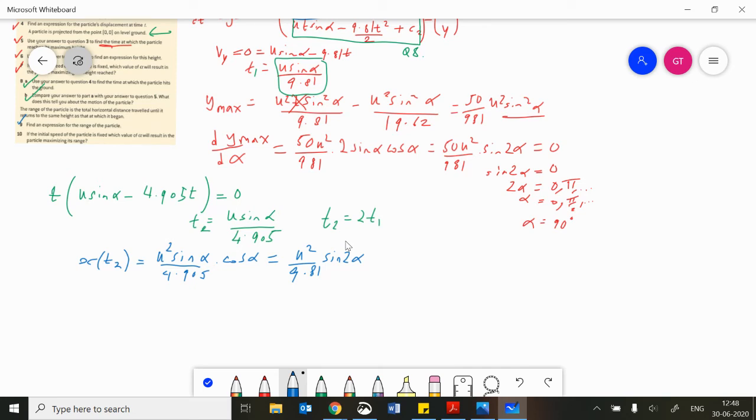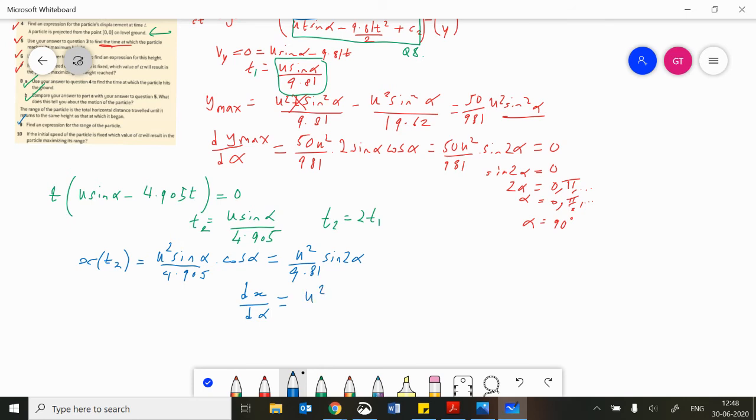It says if the initial speed of the particle is fixed, which value of alpha will result in the particle maximizing its range? So we need to do dx d alpha. I could call that dx of t2, just as I did up here with y max, but I'm just going to keep it simple like that. Then I'm going to differentiate this thing.